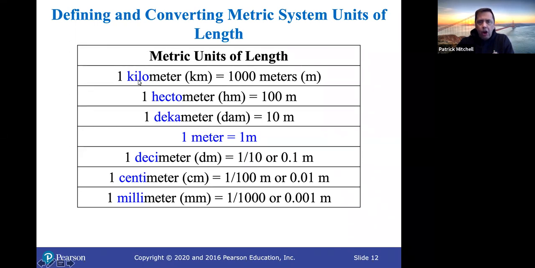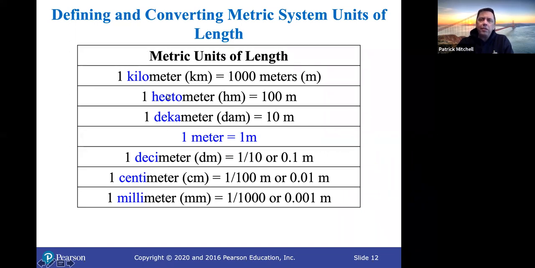different lengths: kilo, hecto, deca, which is also sometimes spelled with a C, and then deci, centi, milli. Everything is based on powers of 10. Kilo always means 1,000, hecto always means 100, deca always means 10, deci always means 1/10, centi always means 1/100th, and milli always means 1/1000th.